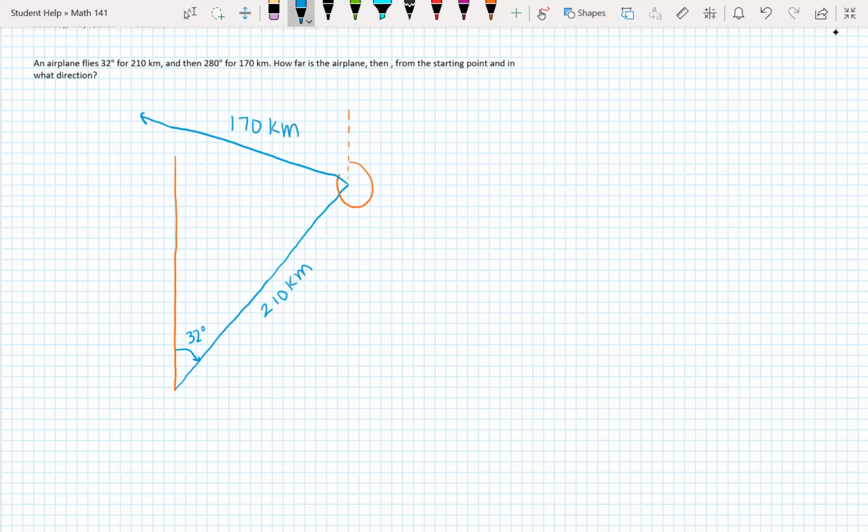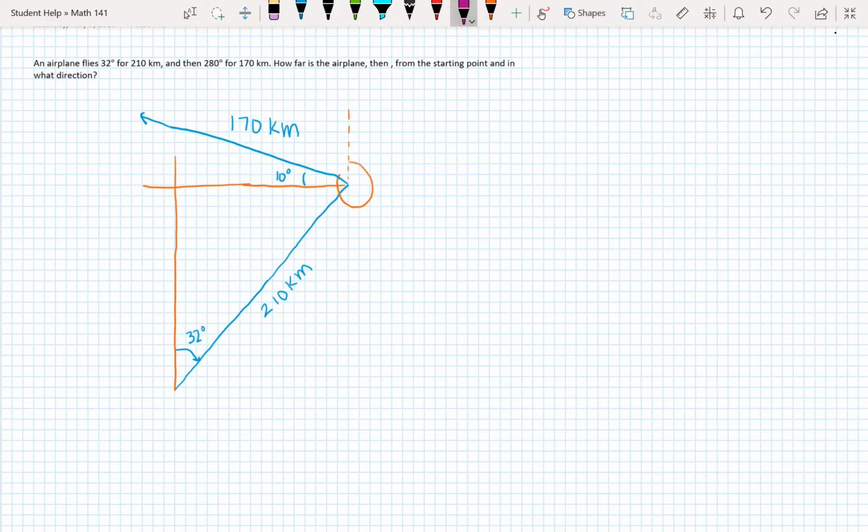And so if I have this sort of horizontal drawn here, I can see that this angle here is going to be 10 degrees, because swinging all the way around was 280, and if I went 3/4 of the way, it would be 270.